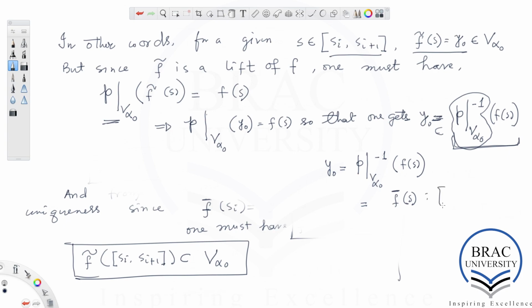It's using equation 4. But y0 is F tilde of s, right?